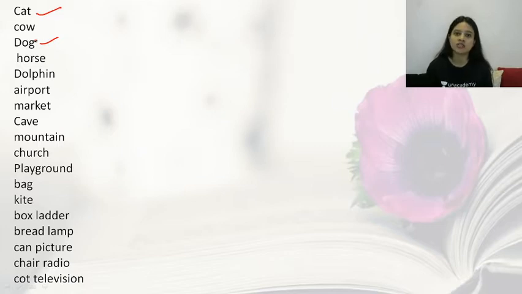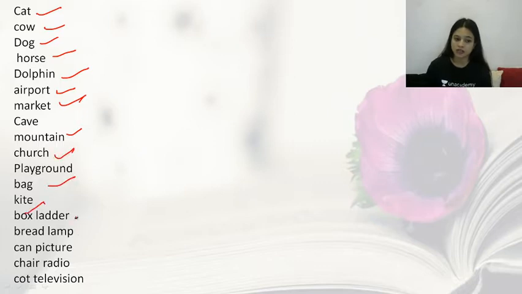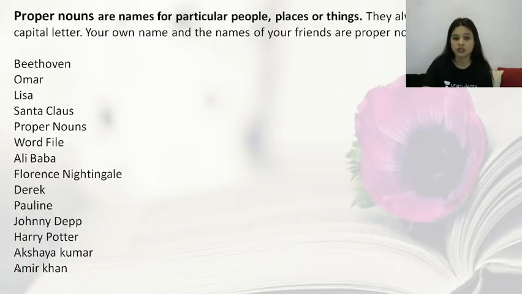But dogs in general. So cat, cow, dog, horse, dolphins, or any other type of fish. Airport, any airport. Market, mountain, church, bag, box, lamp, picture, radio, television, chair, anything. So these things in general are your common nouns.